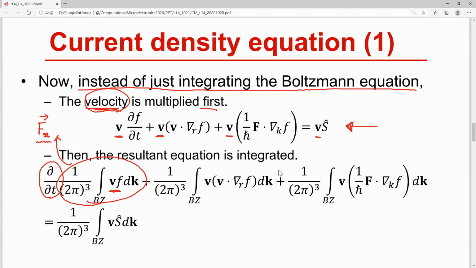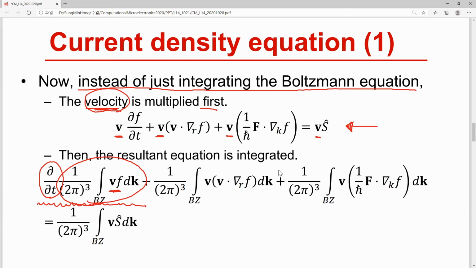And if we multiply by any different physical quantity, you will find that this time derivative term will describe the quantity corresponding to that multiplied quantity.